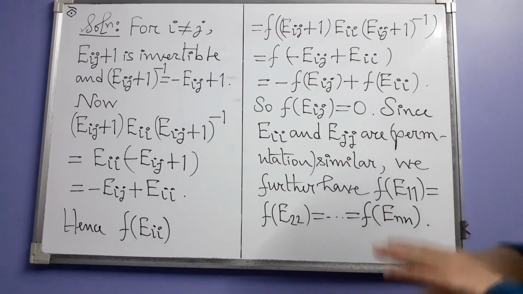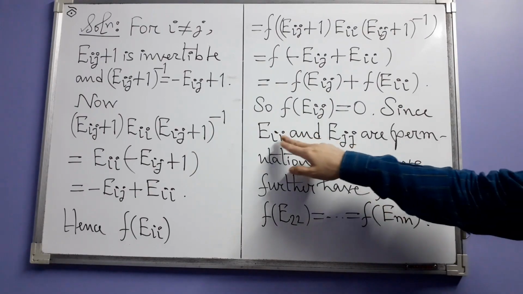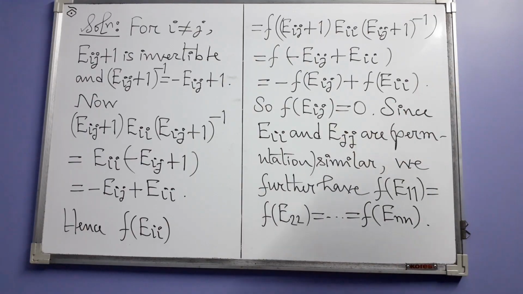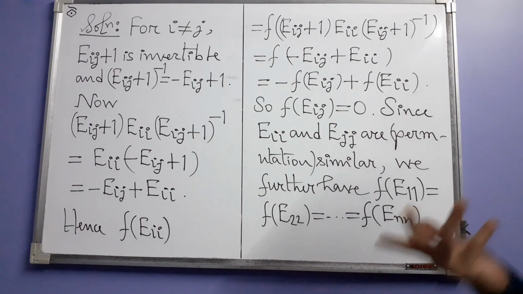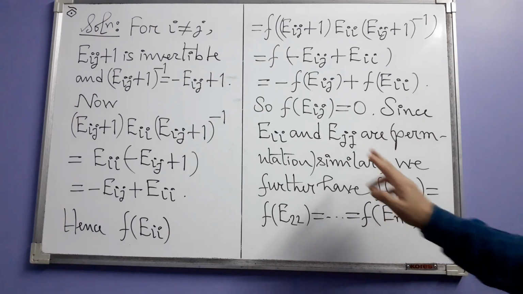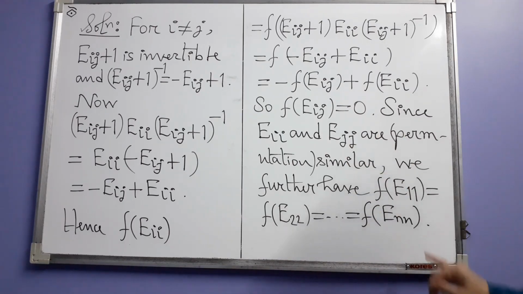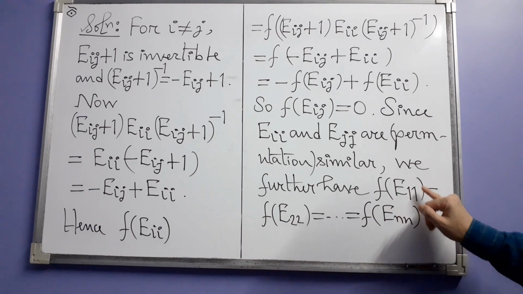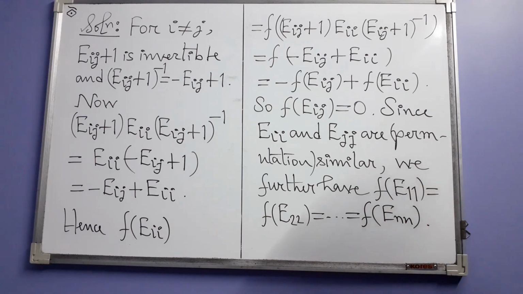And by row and column interchanges, you can turn Eii into Ejj. So they are permutation similar, and because they are similar, their f values will be the same, and that is why f of all these Eii's are equal no matter what i is.